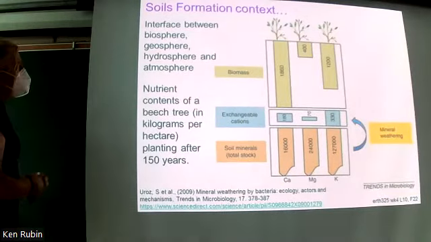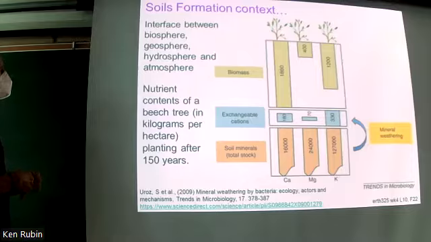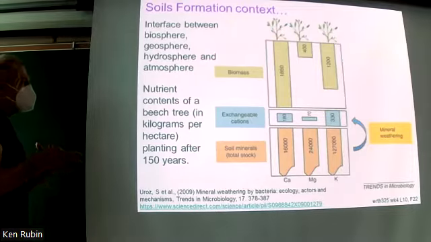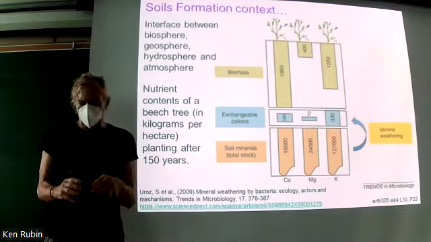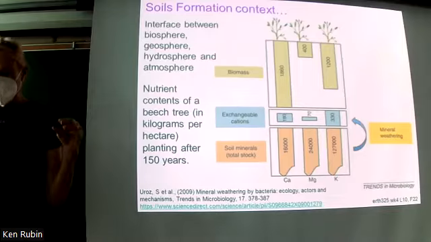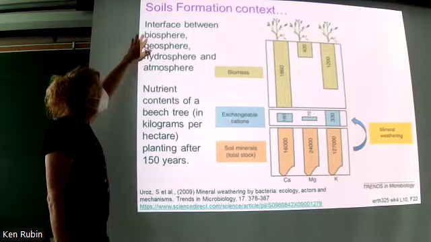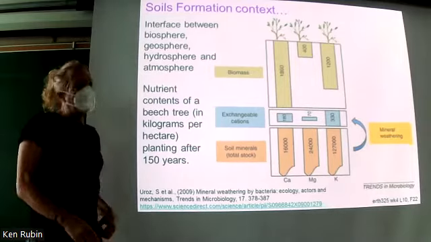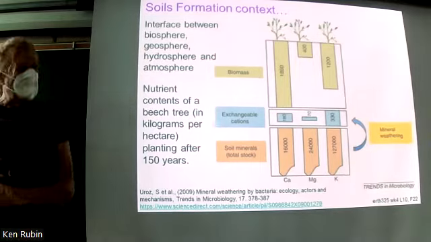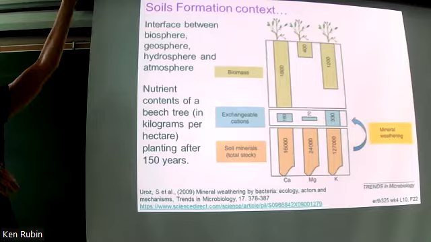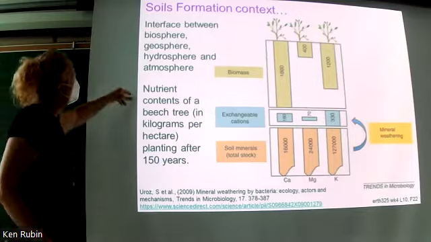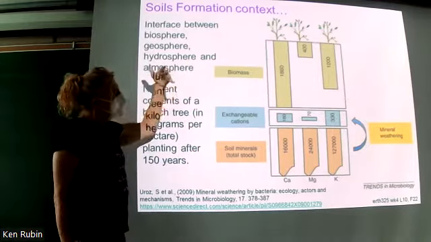And I just want to give you a little bit of context that soils are this important interface point between the exogenic cycle of reservoirs that are the biosphere, the geosphere, the hydrosphere, and the atmosphere. They're like an interface zone. A lot of stuff happens there, and stuff that happens in one of those reservoirs can affect any of the others as they meet in this interface zone.